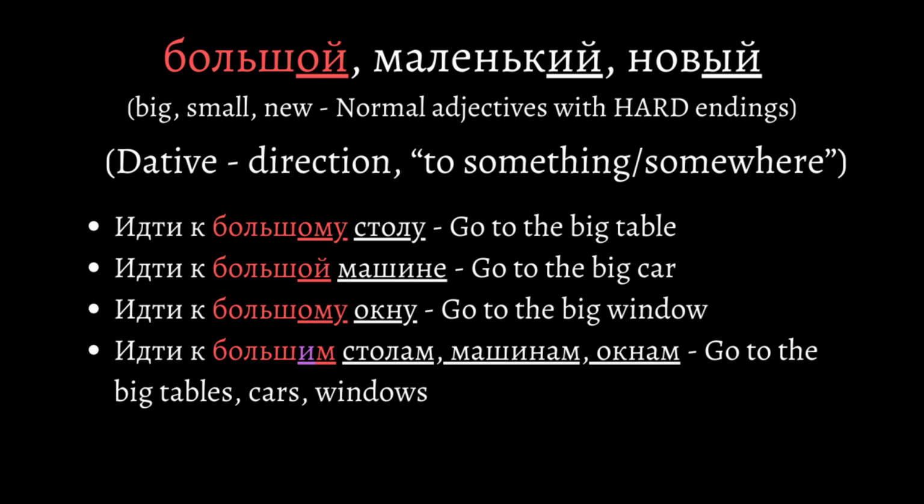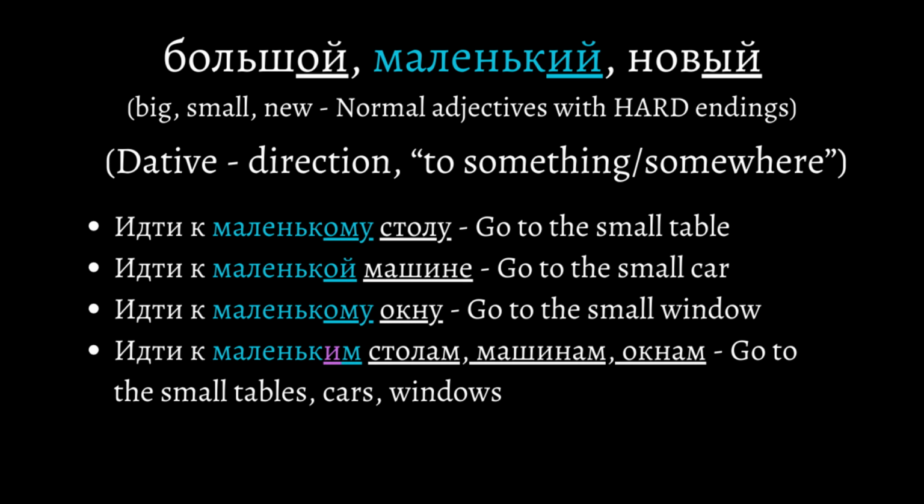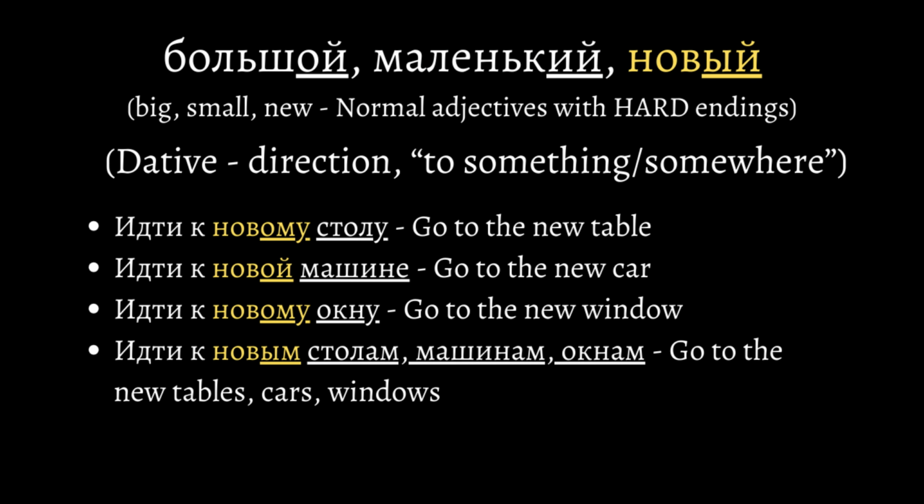The endings match the adjectives and nouns because they're all in the dative, with one exception using и instead of ы. Now, try to replicate these phrases with маленький. This is what it's going to look like. Now, try it with the adjective новый. This is what it's going to look like.